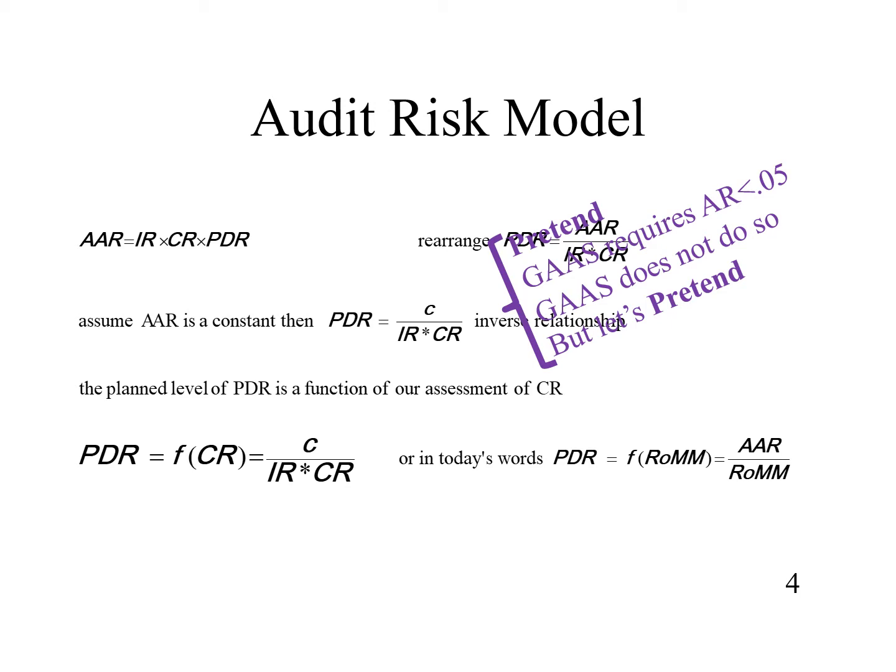In other words, plan detection risk becomes a function of control risk. In our world, I'm just going to always set inherent risk equal to 1, so it kind of falls out. So effectively, plan detection risk becomes a function of control risk. We have to figure out what control risk is before we can plan the rest of the audit.